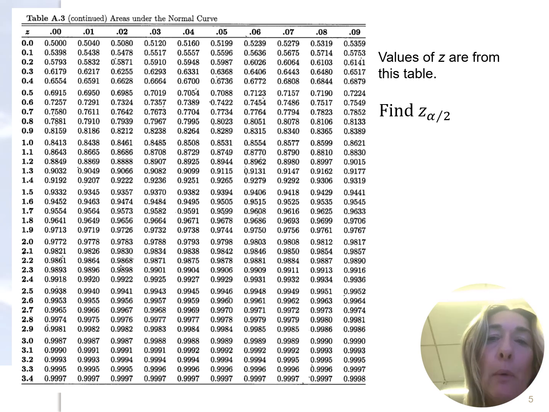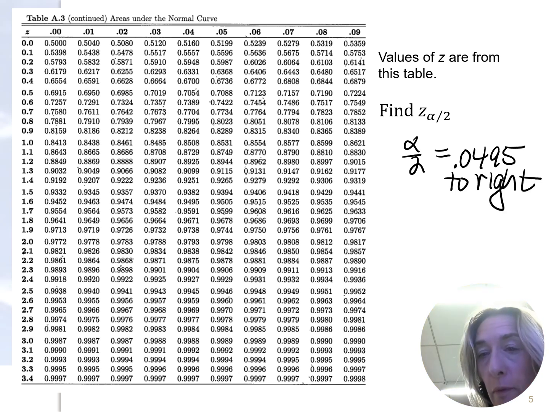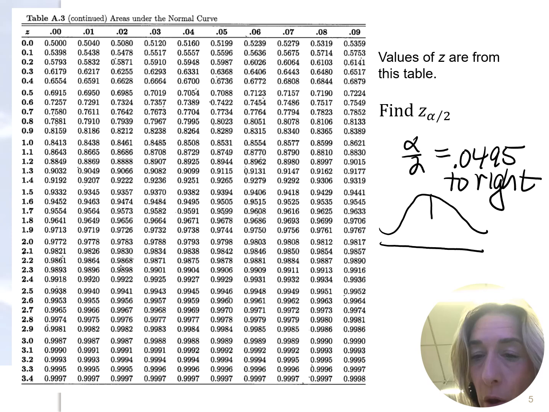So for example, let's say we wanted to find a certain z value such that it has an area of, say, alpha over 2 or 0.0495 to the right.